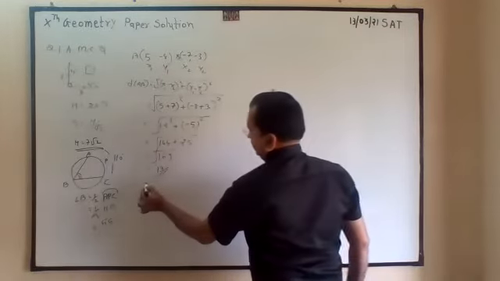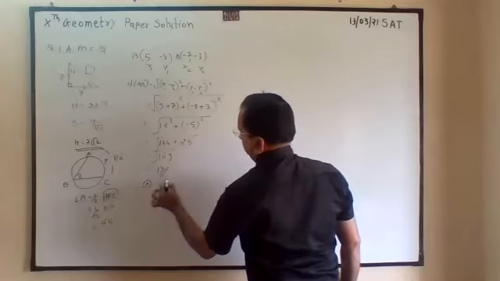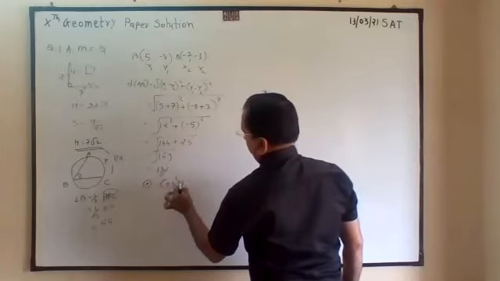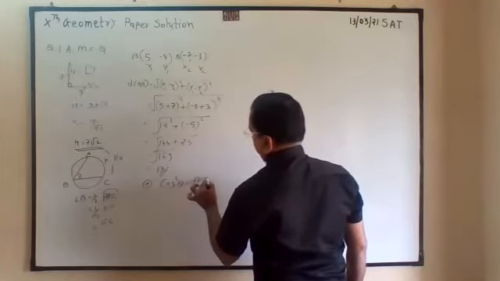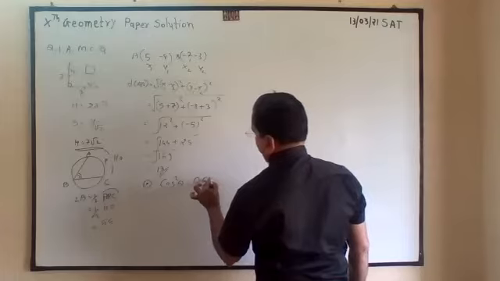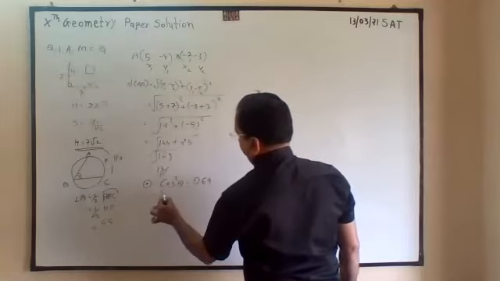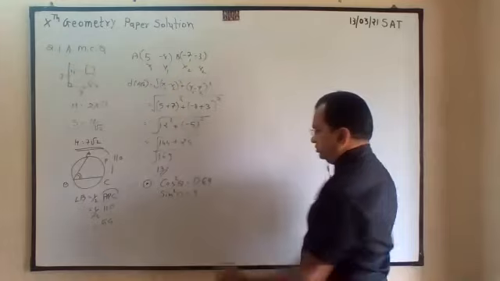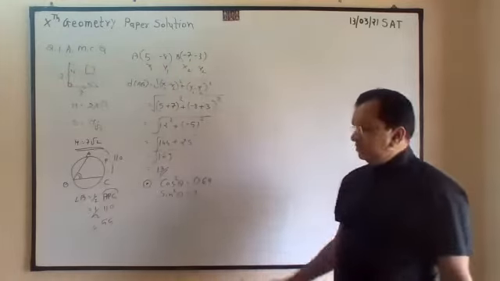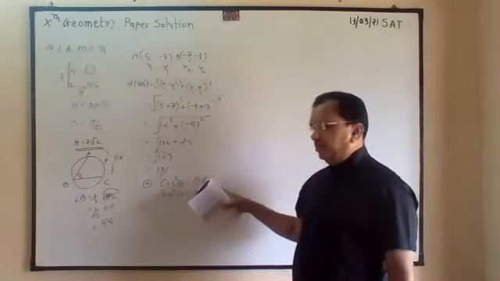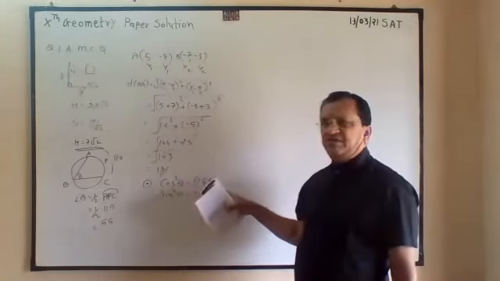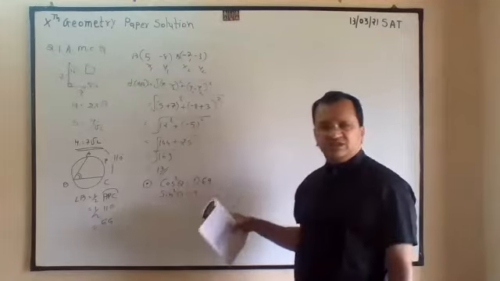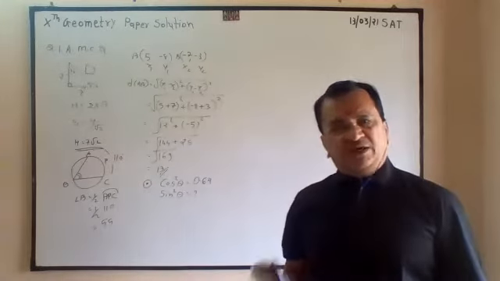Very good question, very intelligent question. Cos square theta is equal to 0.64. What is sine square? Don't go for the square root of this and sine cos is equal to adjacent by opposite and all that.